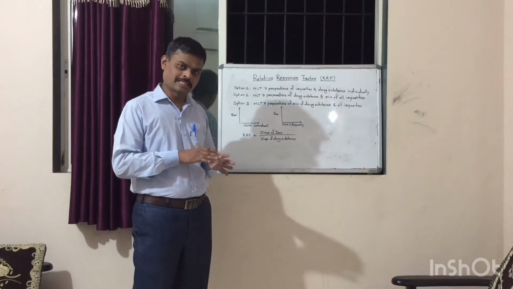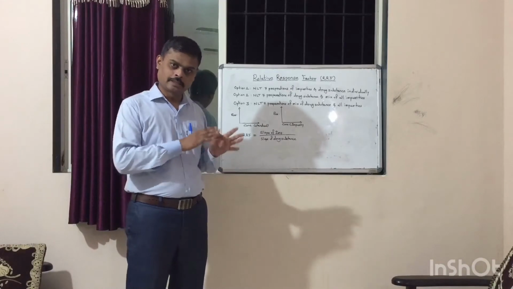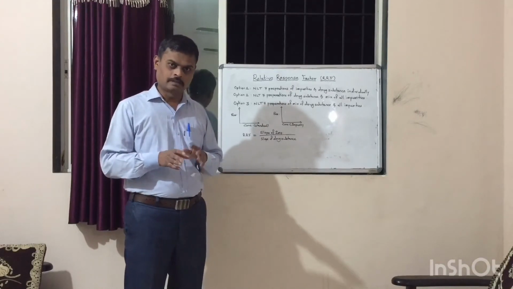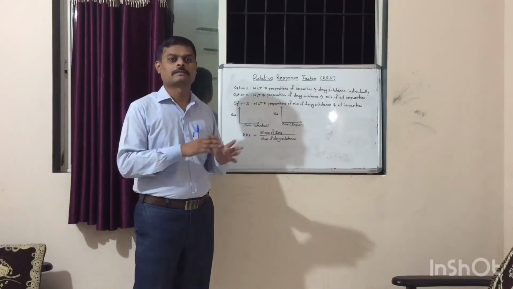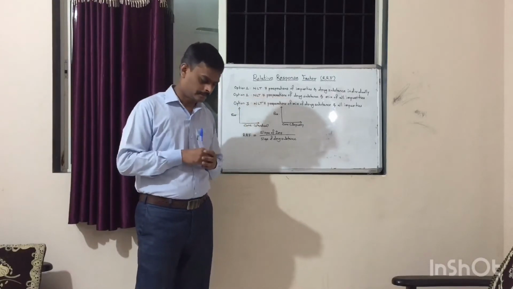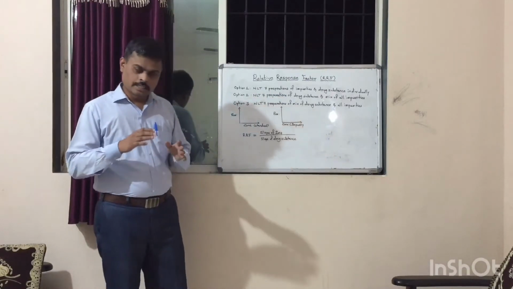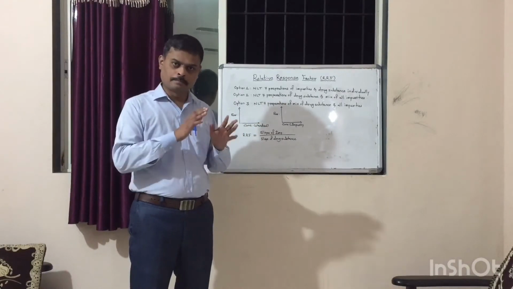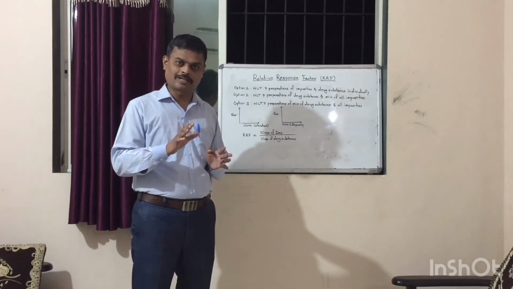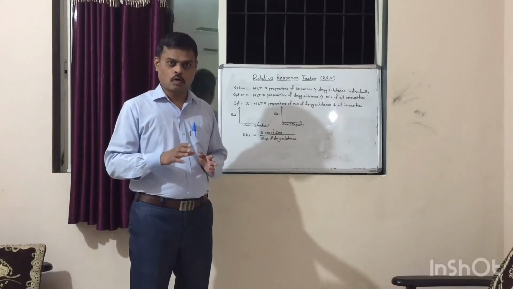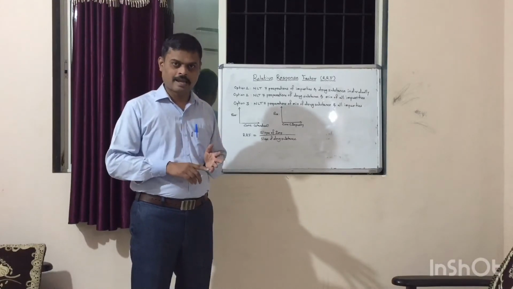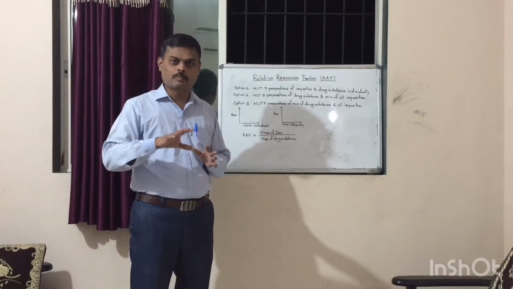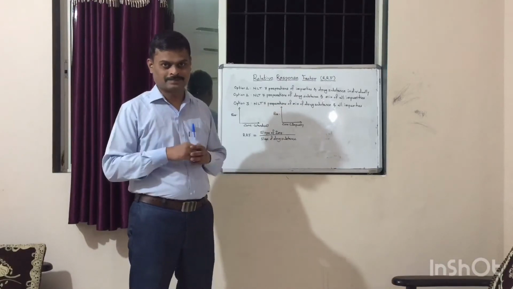Inject these solutions individually in the chromatographic system under the chromatographic conditions mentioned in the MOA. In the second option, prepare not less than 7 preparations of drug substance and a mixture of all impurities.